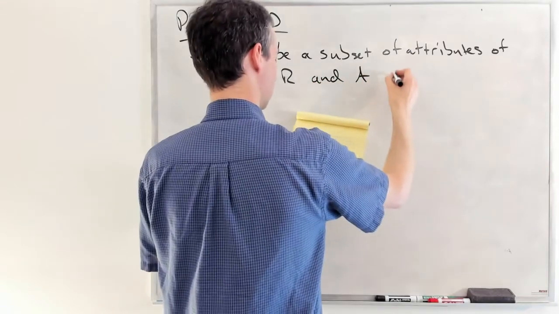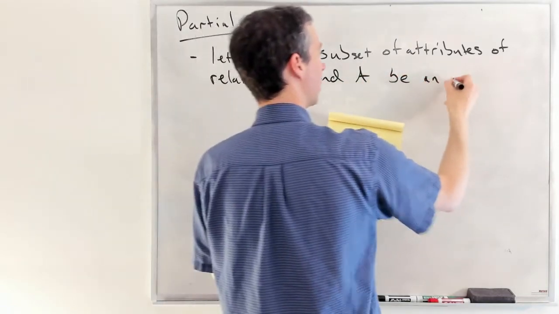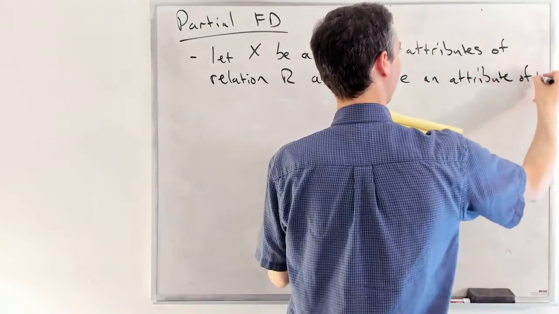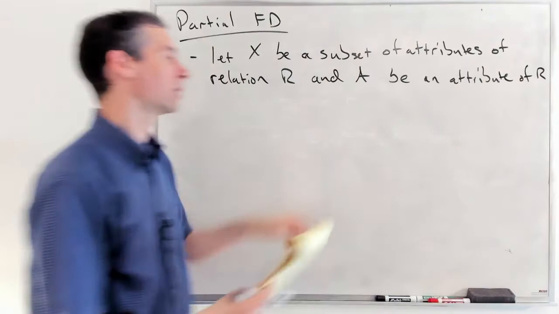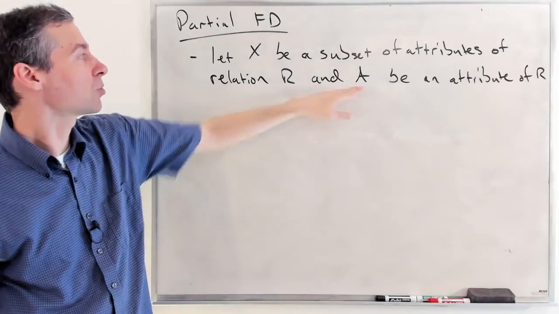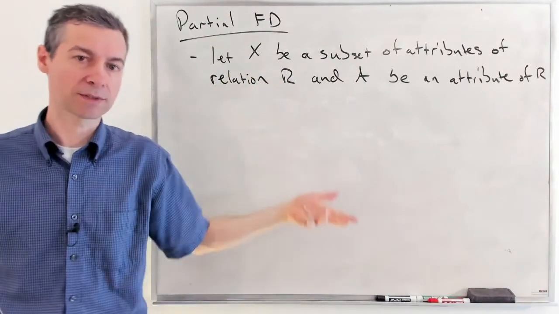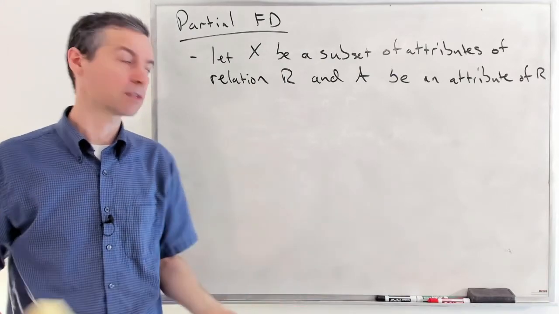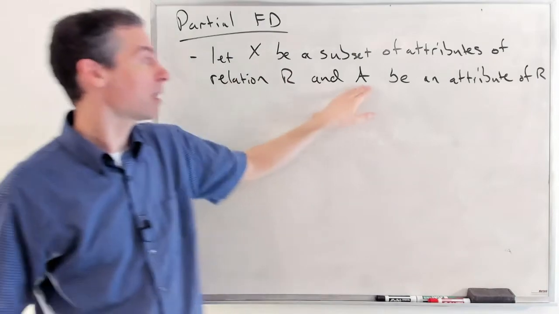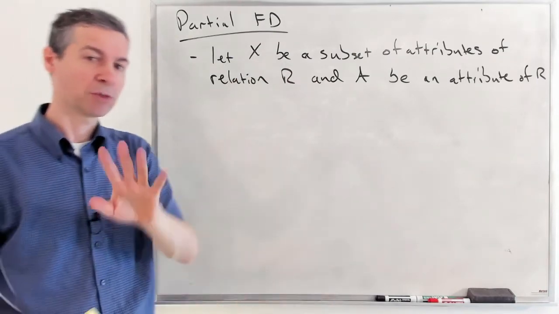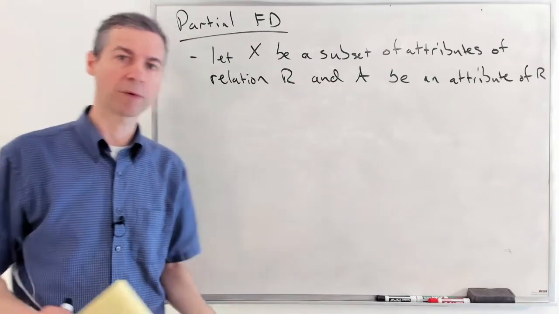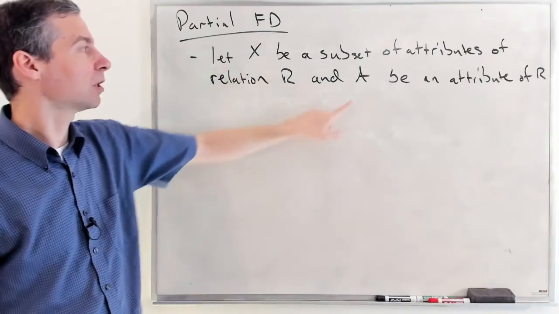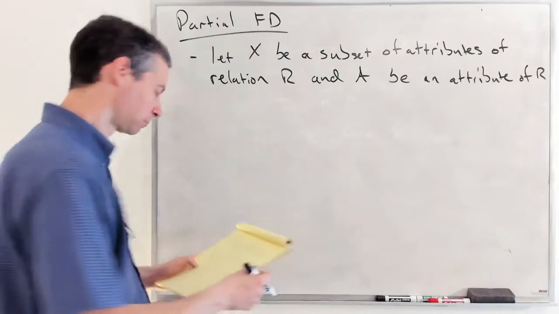And A be an attribute of R. So in our examples, we'll let A always be a single attribute, and we'll let X be a set of these attributes. In the most general case, yes, we can have X and A both be multiple attributes. But for all of our examples, we're going to follow the cow book and have this be multiple columns and this one be a single column.